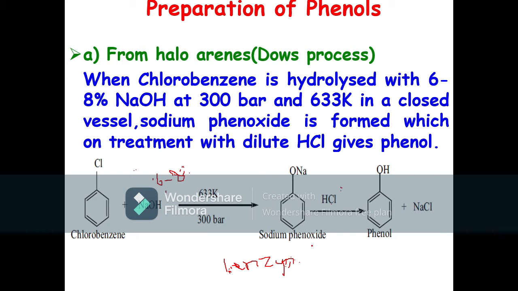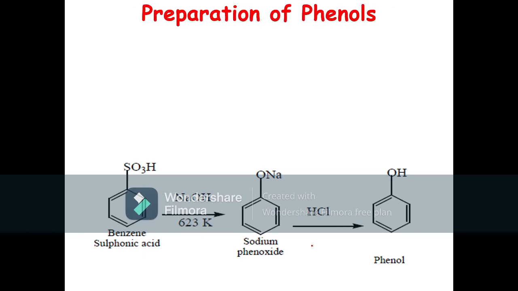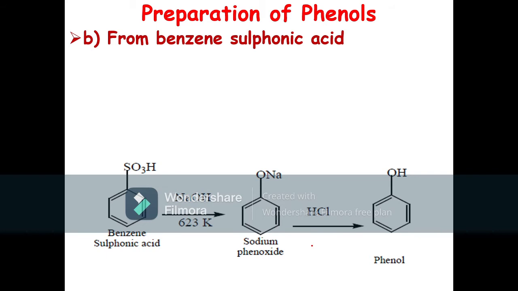So now let us discuss the next method for preparation of phenol. Second method: phenol can be prepared from benzene sulfonic acid. Here benzene is treated with oleum. Oleum is nothing but fuming sulfuric acid, or we can say pyrosulfuric acid.